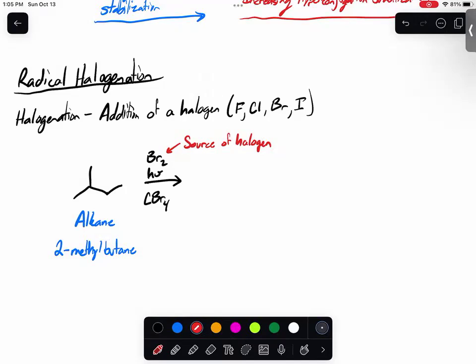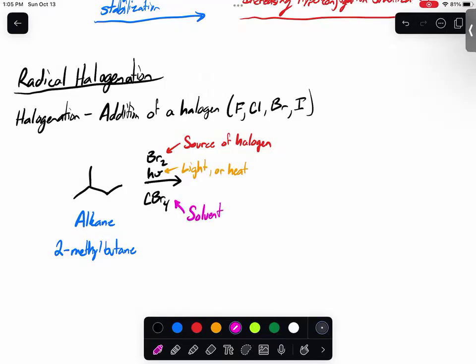The next reagent is this weird h nu, which kind of looks like hv. And what this is, is light. All right. We'll talk about what that's useful for in a second, but it is necessary for this reaction to go well. You could also substitute it for heat if you want to. And then the last reagent is the CBr4, and this right here is just a solvent.